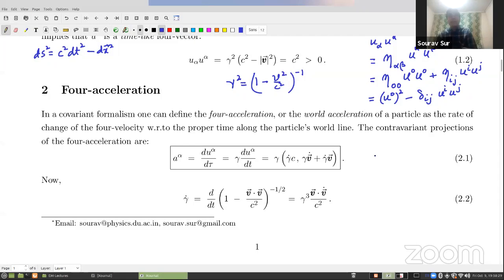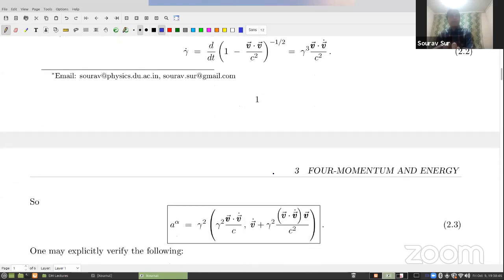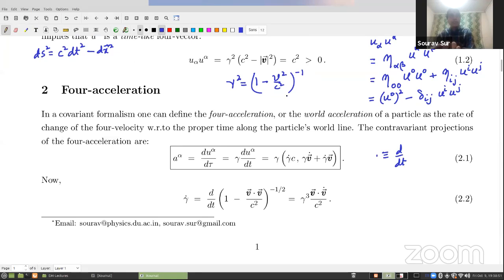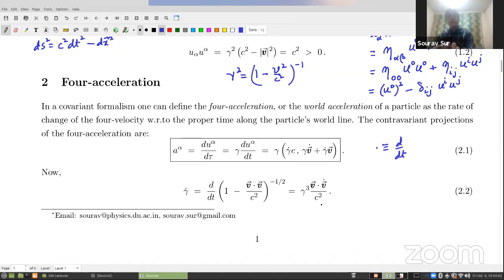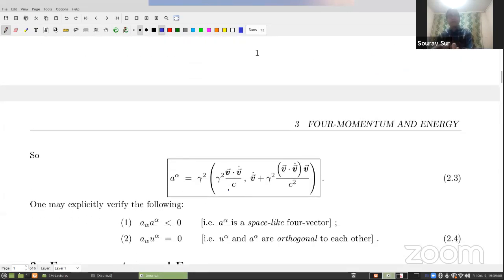Here the dot means time derivative. And gamma dot can be worked out from this relationship. Gamma is this, so you can work out the gamma dot, and gamma dot will come out to be gamma cubed v dot v dot. So you can write the coefficients in this way, right here.